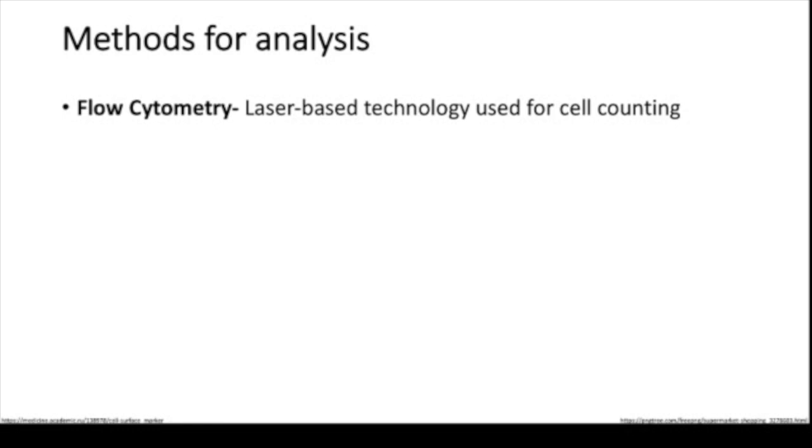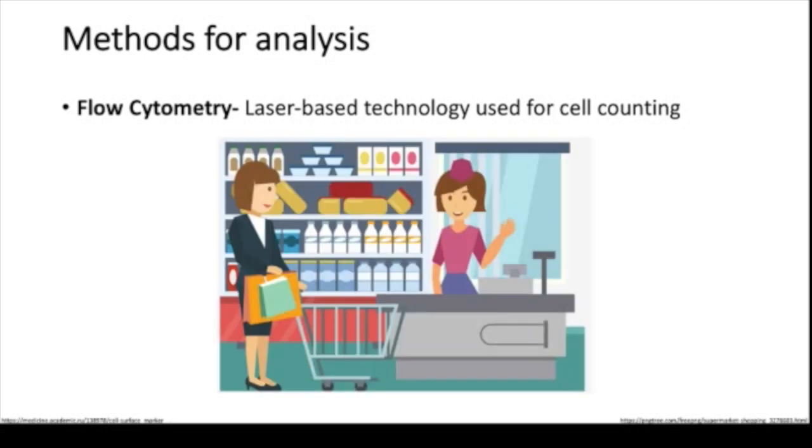The next technique that we looked at was flow cytometry analysis, which is a laser-based technology used for cell counting. It allows us to look at specific immune cell populations and determine if the amount of cells within those populations is different to a normal patient. I would describe the concept of flow cytometry as similar to visiting the supermarket.